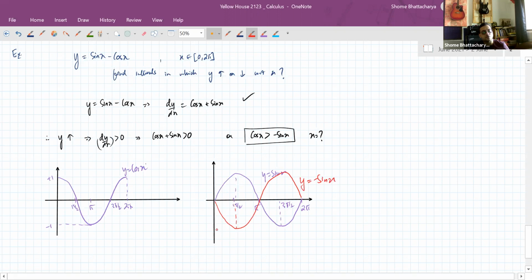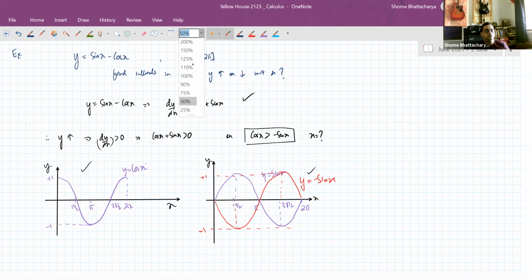It goes to minus 1 at pi by 2. Okay. And then it goes to plus 1 at 3 pi by 2. Now, basically, I want to compare when this graph, that is cos x, is greater than this red colored one, which is minus sin x.